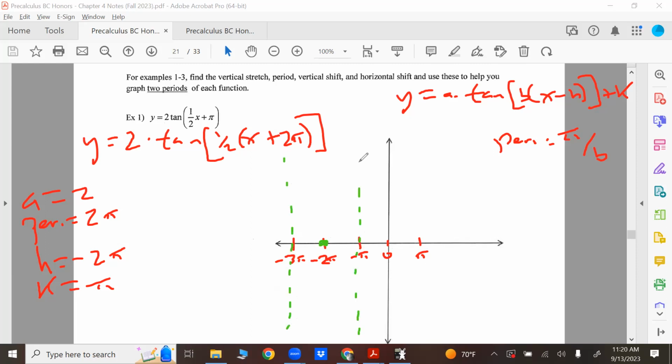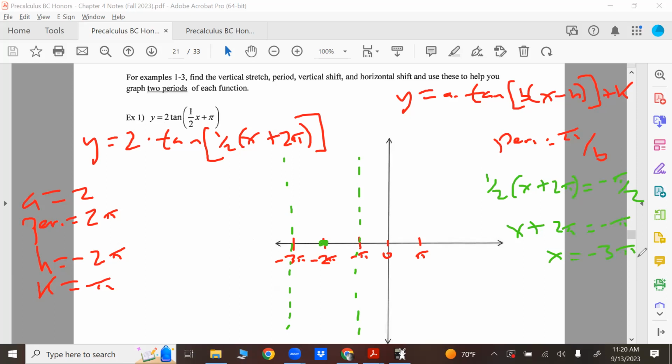What you could do, if you so desire, is set the inside equal to negative pi over 2 to get the starting point: x plus 2 pi equals negative pi. I was able to determine my asymptotes by setting this equal to negative pi over 2, because on the parent function the asymptote was at negative pi over 2.